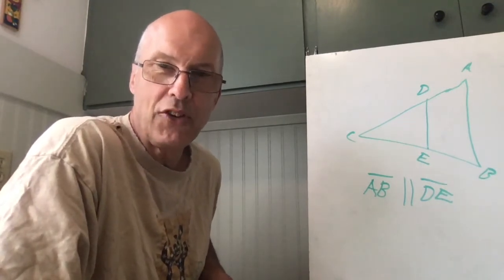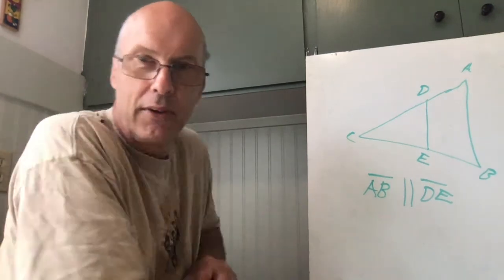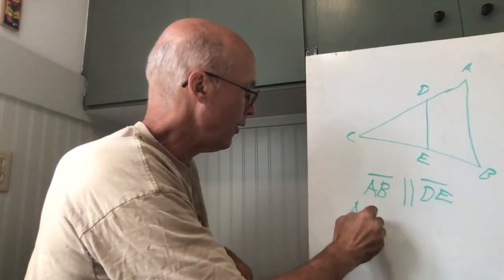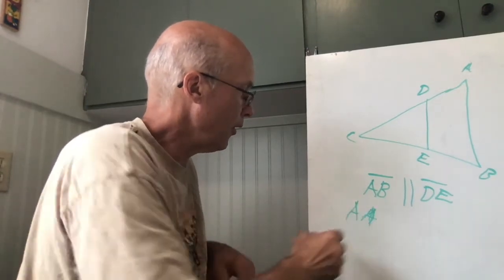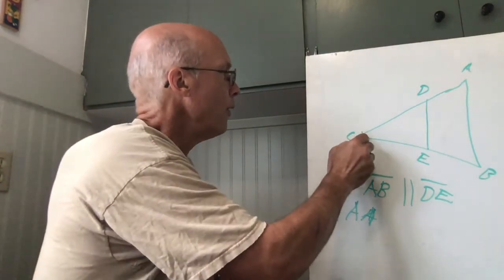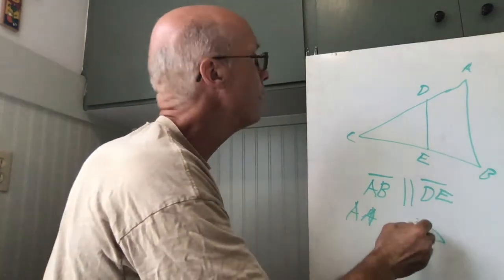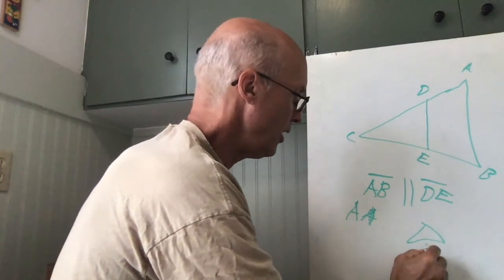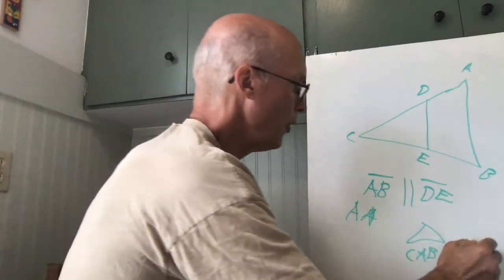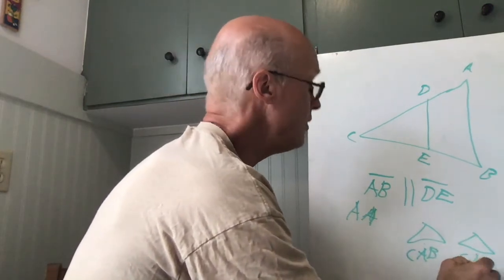There's a couple of different ways to prove it, but probably the easiest way is to think about the angles involved. Remember our angle theorem. Let's look at triangle CAB and compare that to triangle CDE.